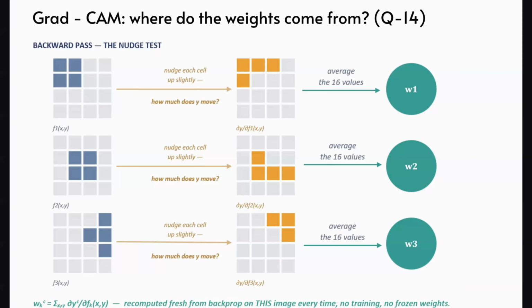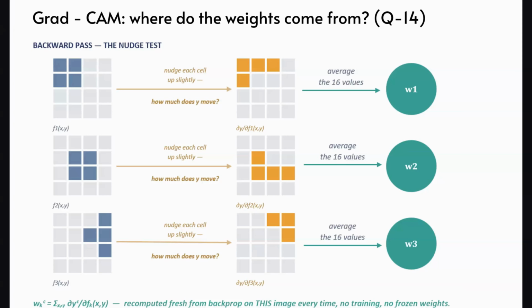There comes Grad-CAM. Instead of reading the weights that already exist from the CAM layer, it directly uses gradients that are already present inside the network.